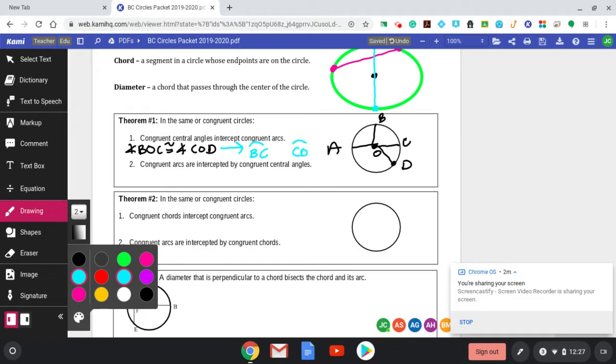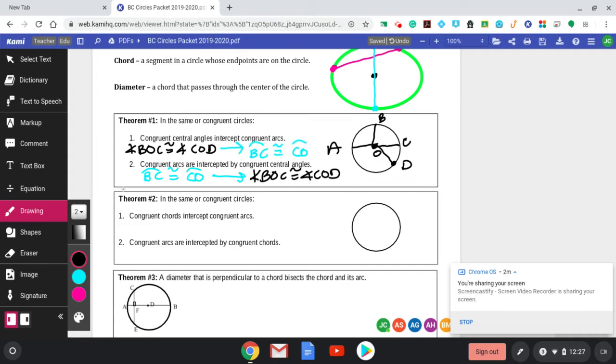Because the central angles are equal, the arcs are congruent. And we can go the opposite way as well: if you give me that arc BC is congruent to arc CD, if two arcs are congruent, that tells me their central angles are congruent. So one nice fact we can use in the reasons column one day in our proof is that if the central angles are equal, the arcs are congruent, and vice versa.